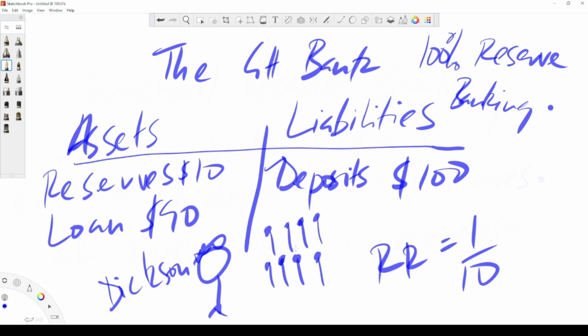When they all try to do that, the bank will become insolvent. Insolvency simply means it becomes bankrupt. So when the bank fails to give back the depositors their money, we term that a bank run.